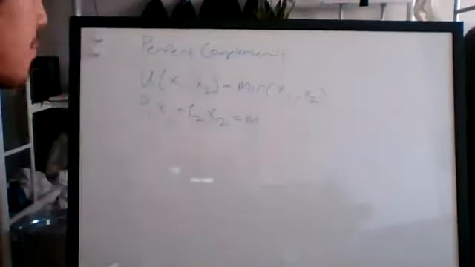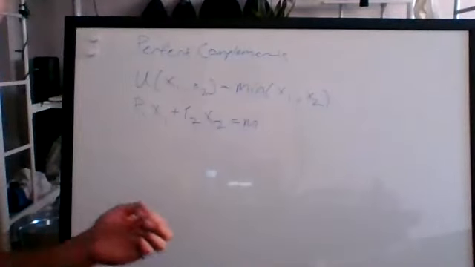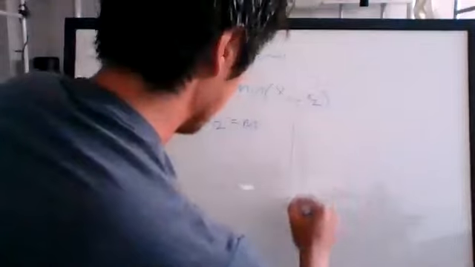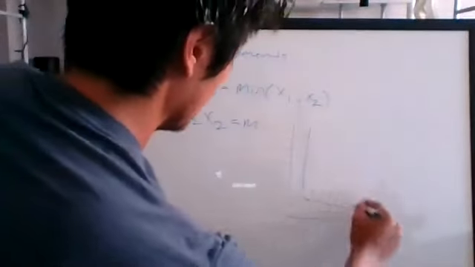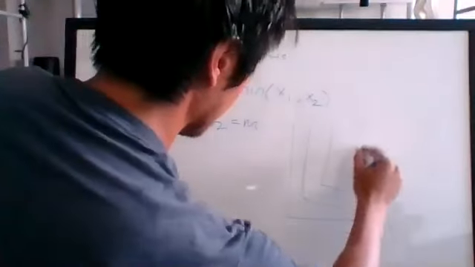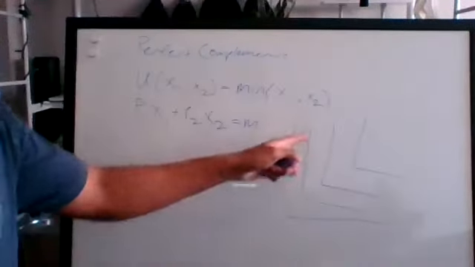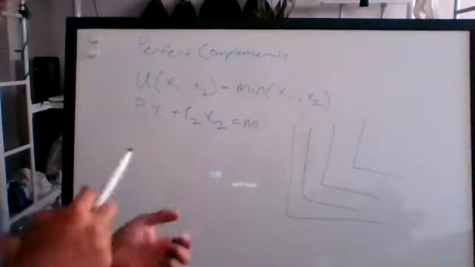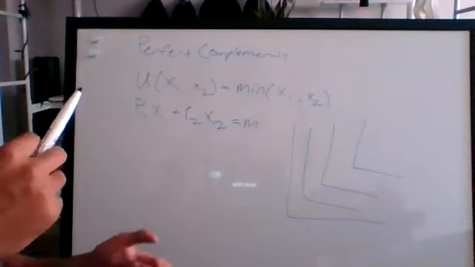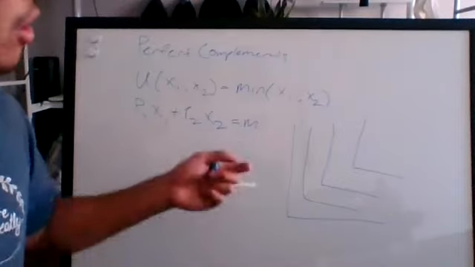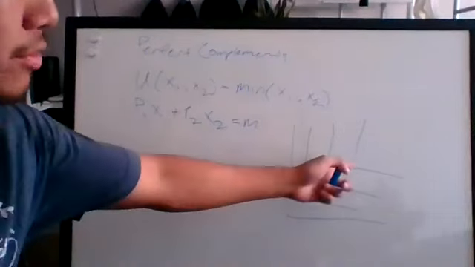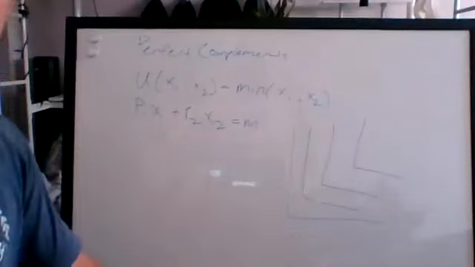It's good? Okay, awesome. So if you guys remember what a perfect complement graph looks like, we have these L-shaped indifference curves, where each of these indifference curves, if you remember, has the same amount of utility. So similarly to Cobb-Douglas, we want to be on the highest indifference curve that we can still afford, right?